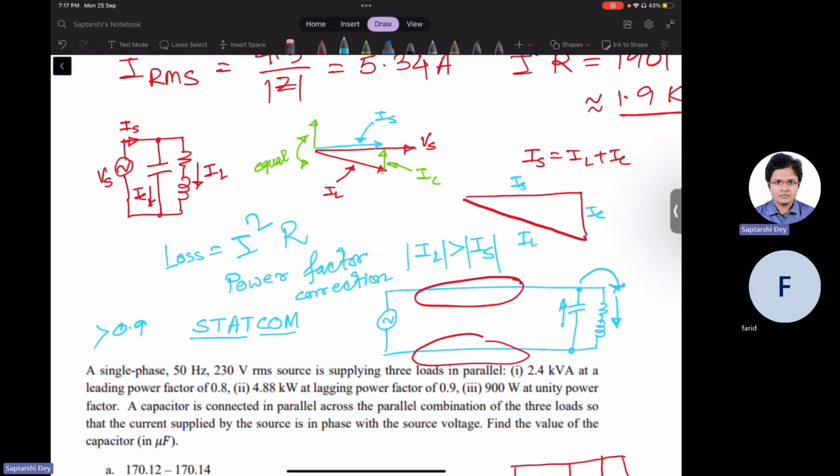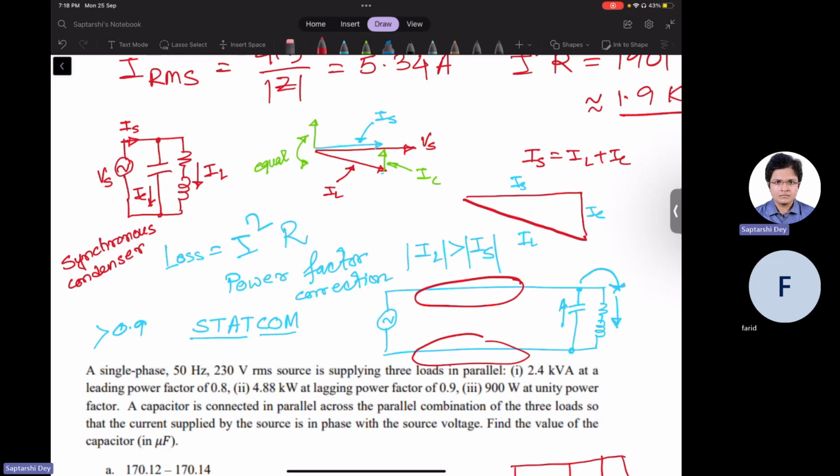Also, there is one more thing which used to be very popular, I think now also. Some industries use a synchronous condenser. You know that capacitors are sometimes called condensers by people.